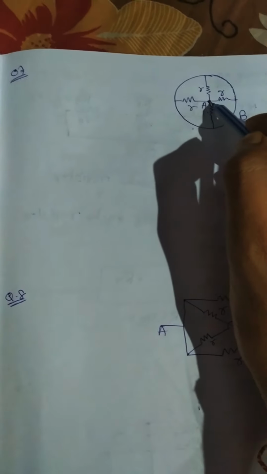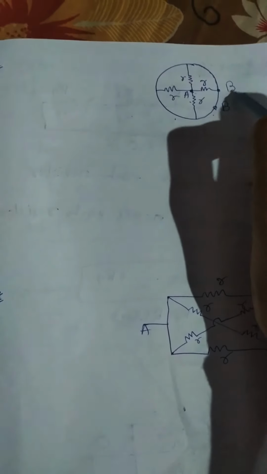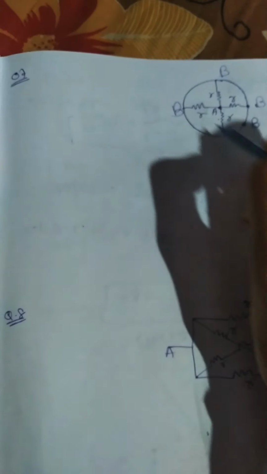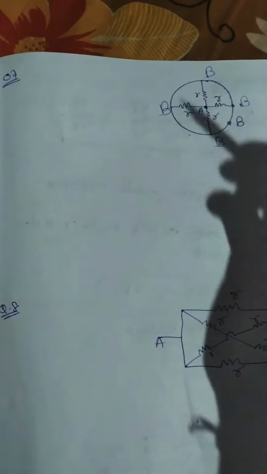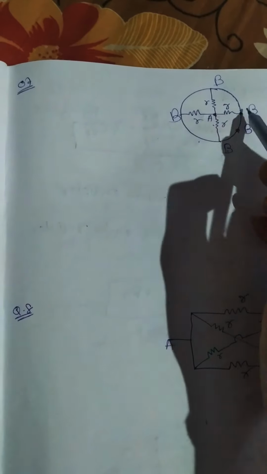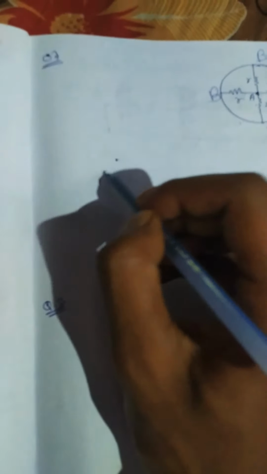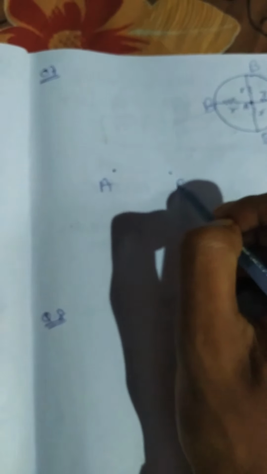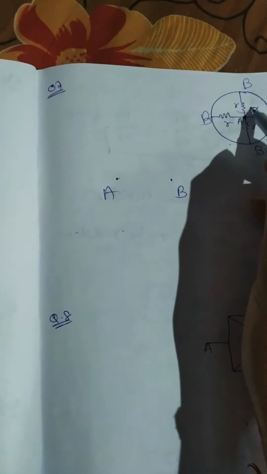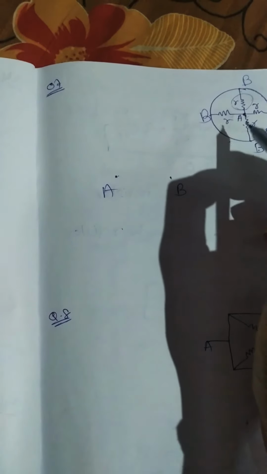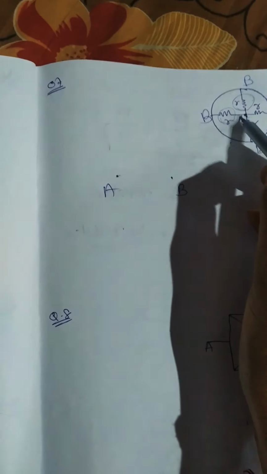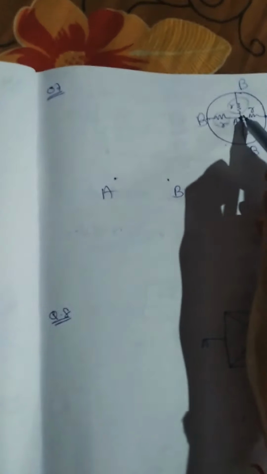Okay, find the equivalent resistance between A and B. So this is A point, this is B point. The potential at this point will be B, and this also B. So there are only 2 points, A and B. This R resistor is connected between A and B. This R resistor is connected between A and B. This one too, and this one too.